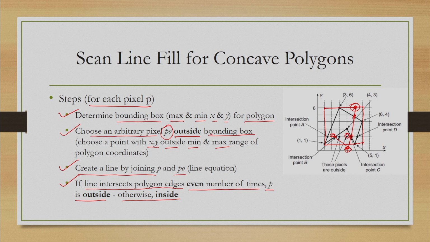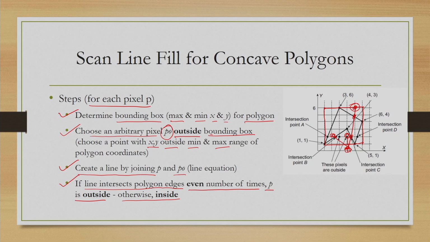Similarly, for these pixels, if we join these two, we see that it does not intersect the polygon edges. So, that is 0, and in that case also it is outside. But of course, all these checks take time. So, it is an additional overhead when we are dealing with concave polygons. Otherwise, the scanline polygon fill algorithm for convex polygons is quite simple.